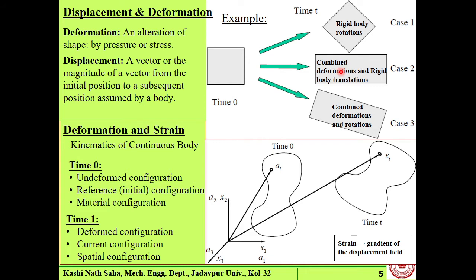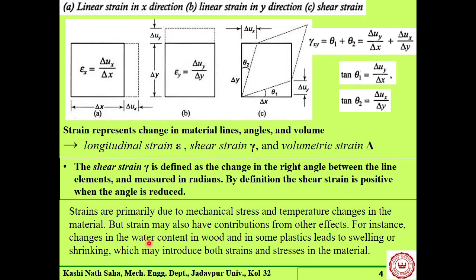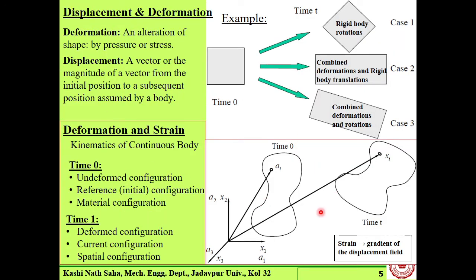And if we combine these two, it is elongated as well as rotated, and we will get this configuration. Now, in general, this is our body, the initial configuration, and then we are getting this configuration after application of, say, pressure, stress, temperature change, whatever the reasons which cause strain. So that is what is happening here.